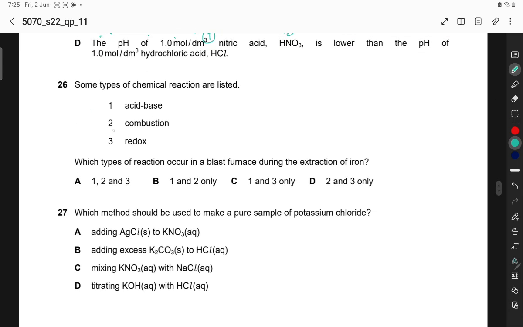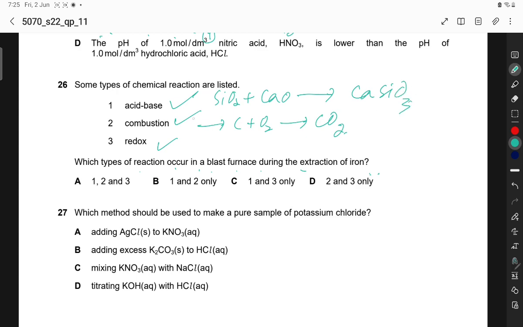Some types of chemical reactions are acid base, combustion, redox. Which type of reaction occurs in the blast furnace during the extraction of iron? Acid base reaction, combustion as well, and redox. Combustion is like carbon reacting with oxygen. Acid base reaction: silica plus calcium oxide forms calcium silicate.